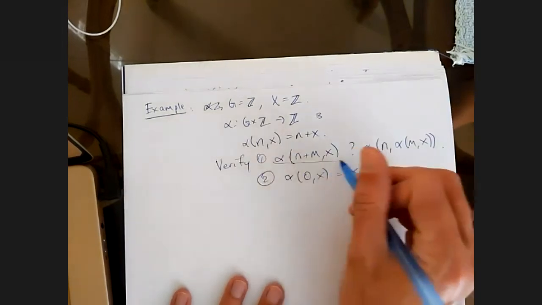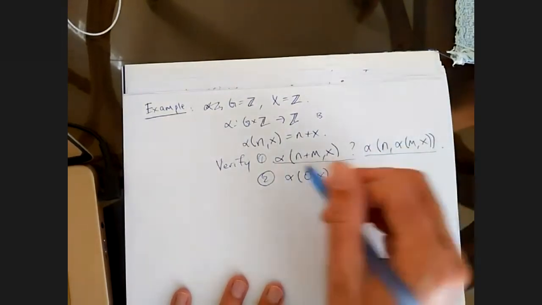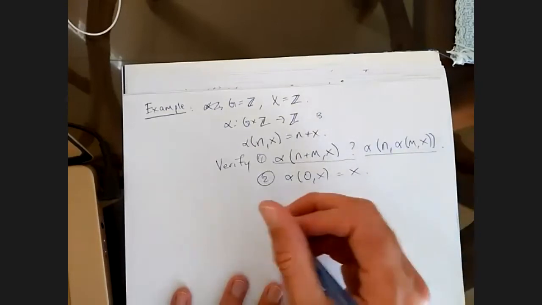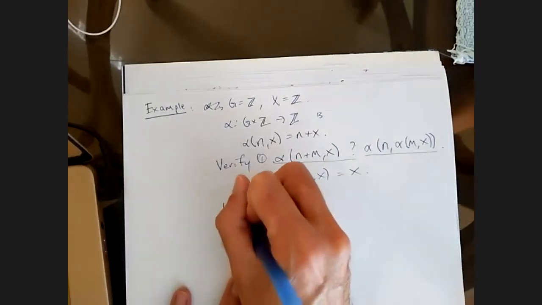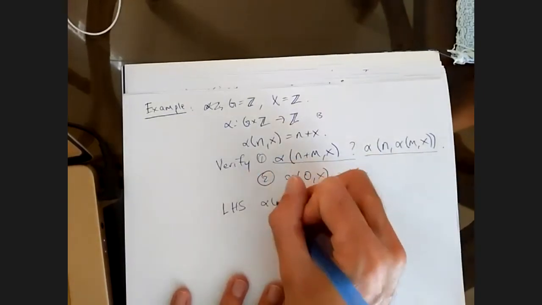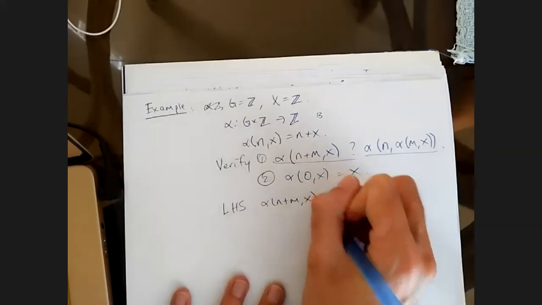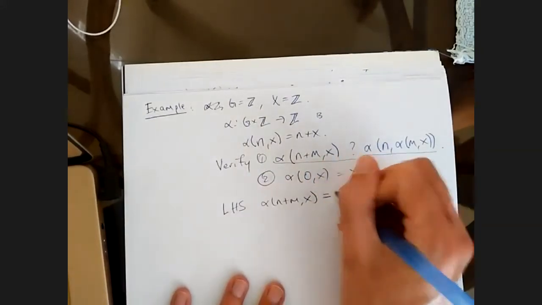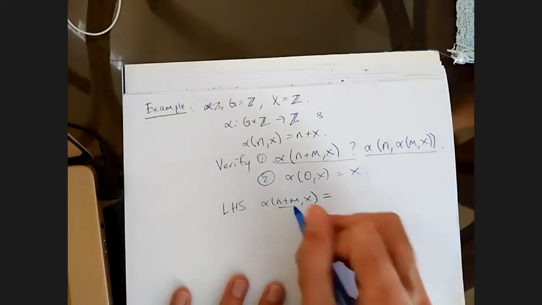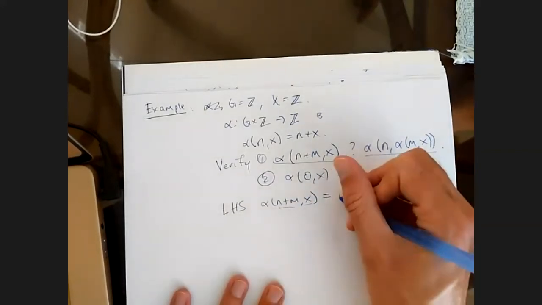Okay, so we just look at both sides of this, it's supposed to be an equality. On the left-hand side, you have alpha N plus M applied to X. Well, alpha just says take this integer and add it to this integer.